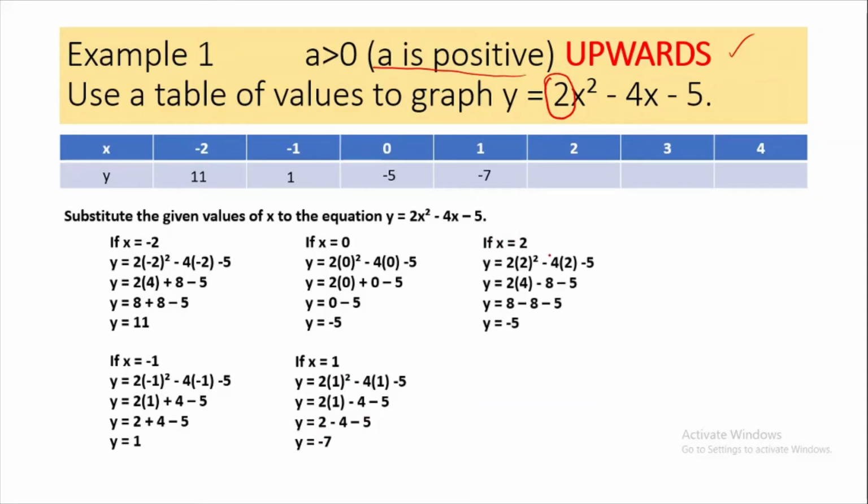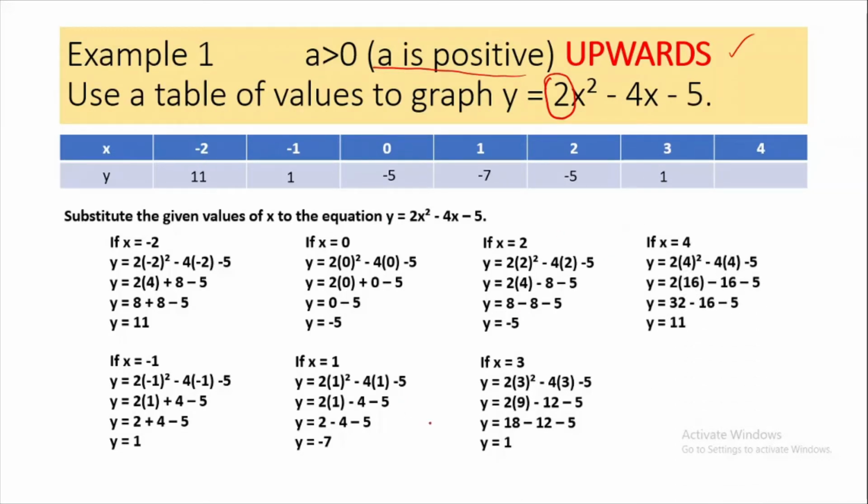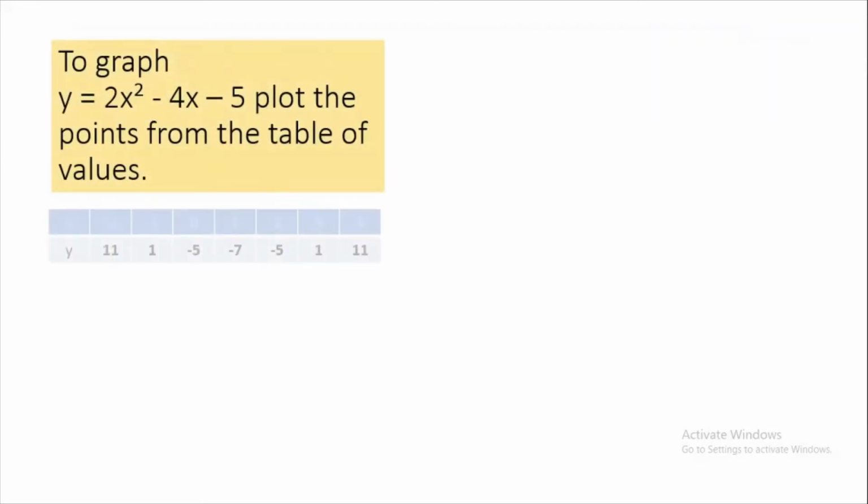If x is 2, y is -5. If x is 3, y is 1. And if x is 4, y is 11. Now that we have completed the values for x and y, we can proceed to plot the points in our given graph.